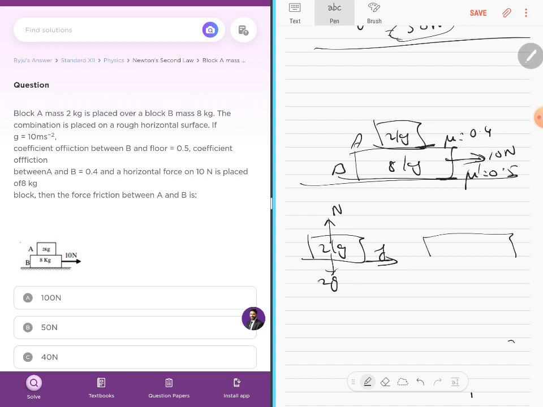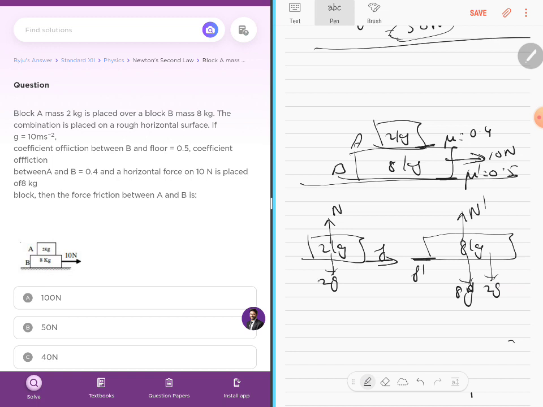And there will be a normal reaction, and there will be 20 Newton, or 2g, which is acting down. And take the 8 kg block. The 8 kg block with the floor will have a friction here, because it moves towards the right, an F dash. There will be a normal reaction N dash, which will be countered by 8g plus 2g, which is acting downwards, will be 100 Newton. You already know that.